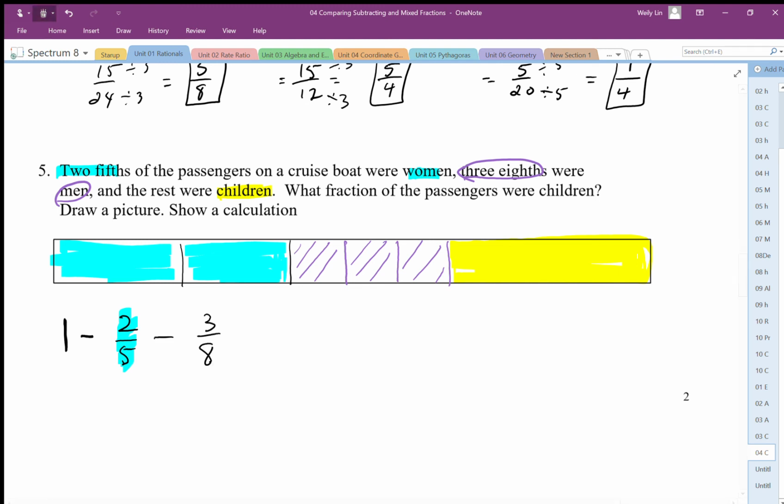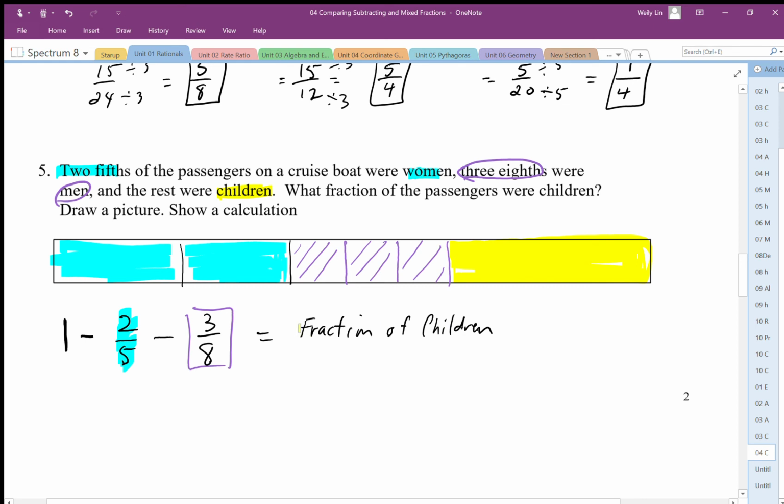So this would be the men here. If I take away the women and men, I'm left with children. So this is going to equal the fraction of children. Okay, so there's my fraction of children here.